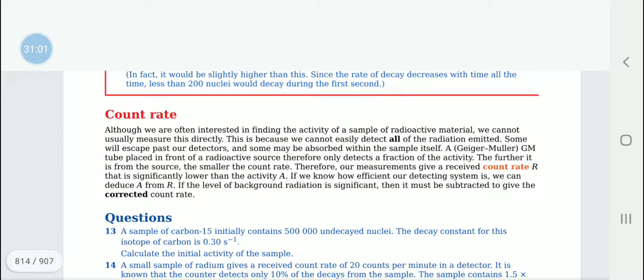Therefore, the count rate R that we obtain would be lesser than the activity.